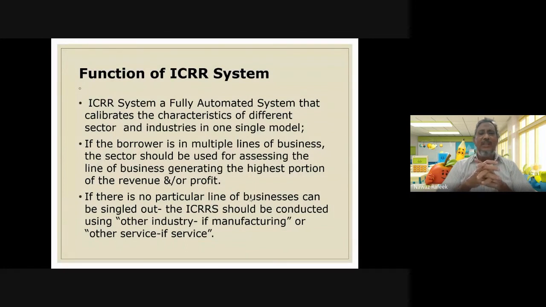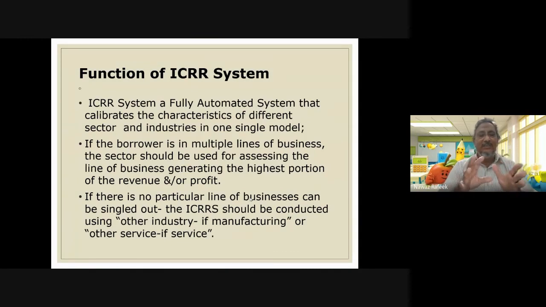If the borrower has multiple lines of business, the sector used should be the line of business generating the highest portion of the revenue and profit. Right? So a customer having a group of companies with different businesses, the IR system has to be established depending on the highest profit-generating segment. If no particular line of business can be singled out, the ICRS should be conducted using the other industry, whether manufacturing, other, or service.